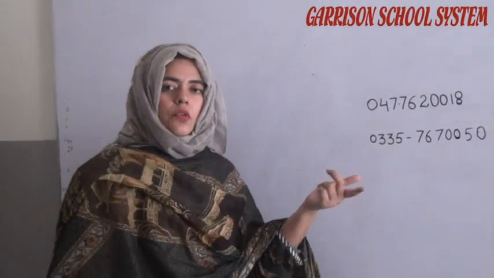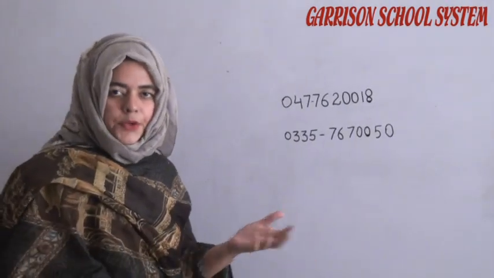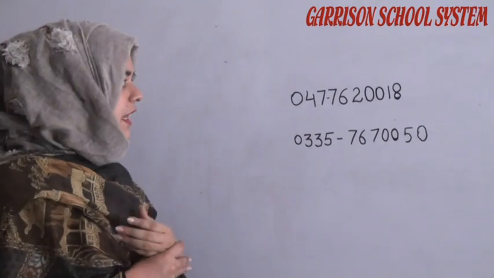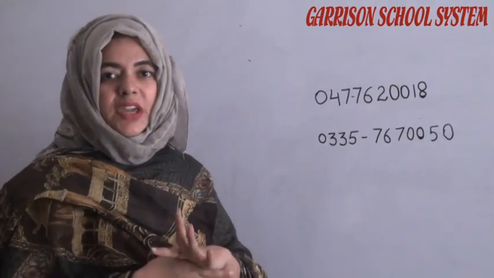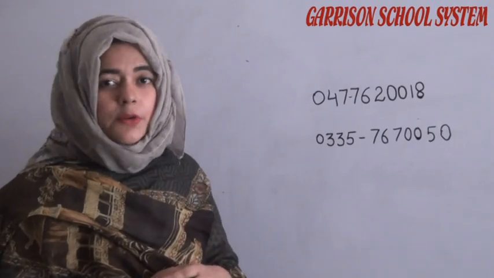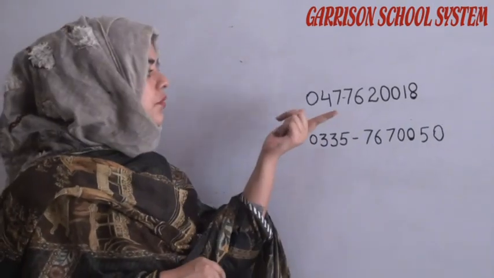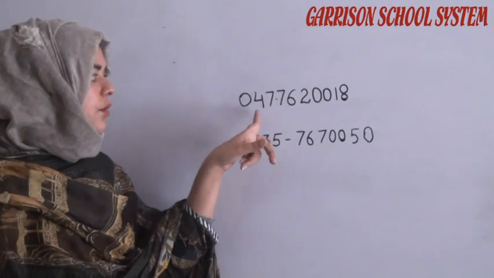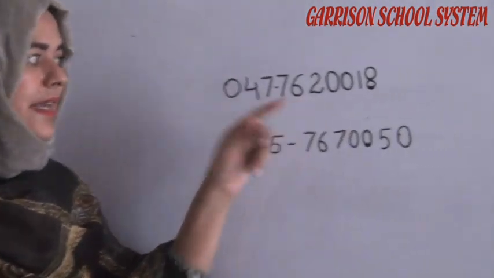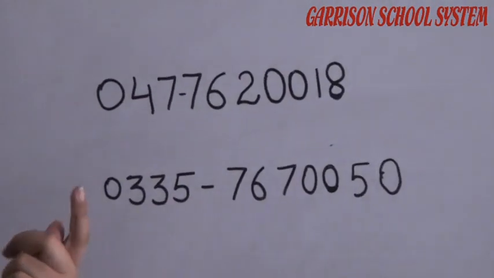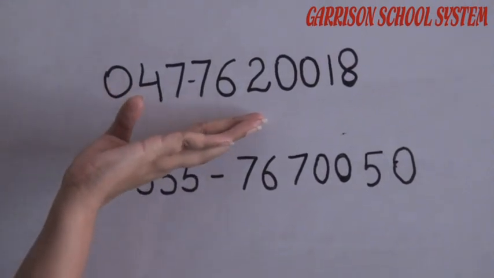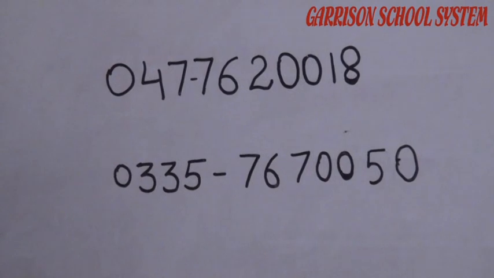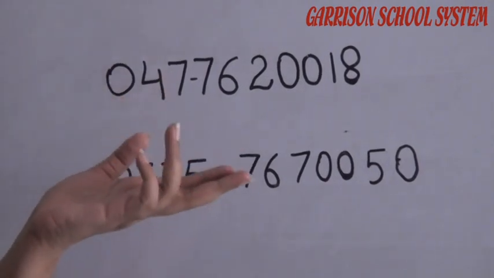So in case you are on Zoom video, getting the lectures online, if you feel any kind of problem, and if you feel that your problem is not sorted out, then you are going to call on this number, that is 047 76 20018. This is our helpline number. You can call it anytime during the sessions, so that your problem will be sorted out.